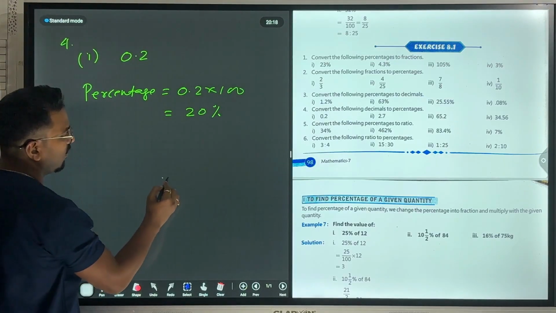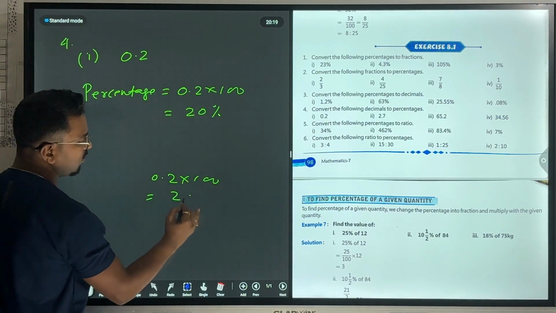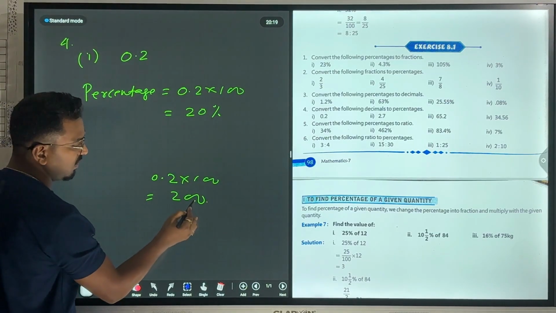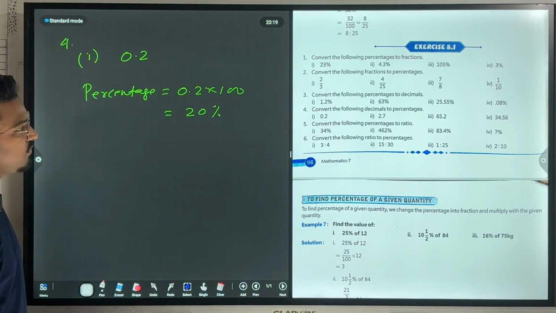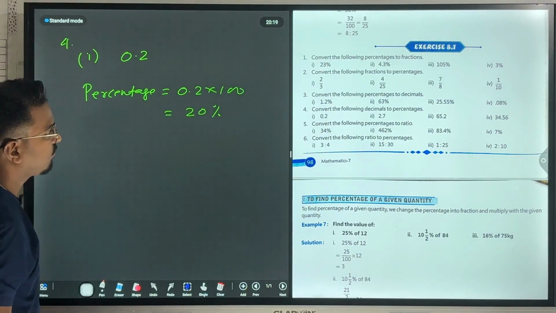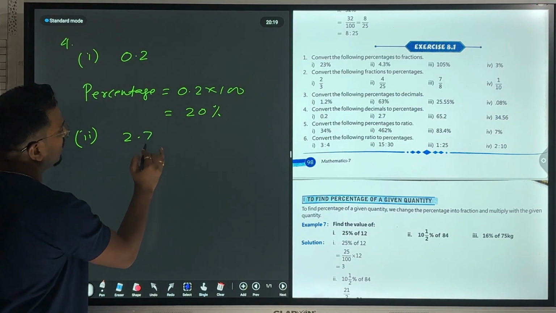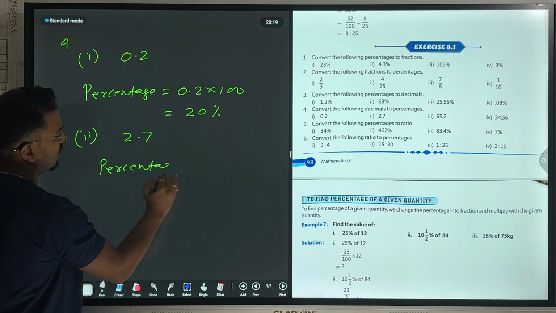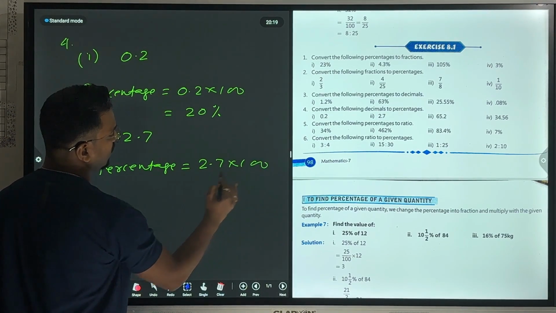How to count this one? 0.2 into 100. So you just multiply, you will get 200. After decimal, how many digits are there? 1 digit. So you just bring it here. It will become 20%. Okay. Next we have Roman number 2. It is given 2.7. So if you want to convert into percentage, then we will be writing 2.7 into 100.